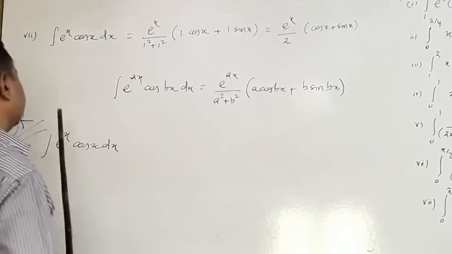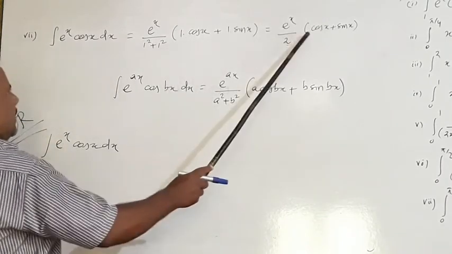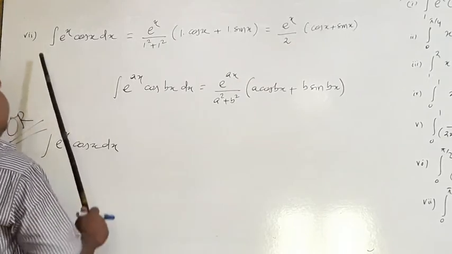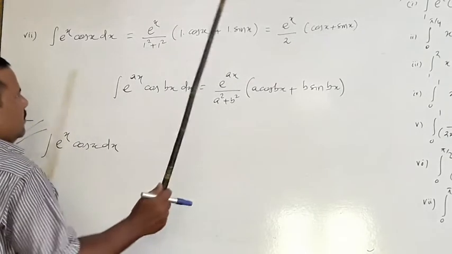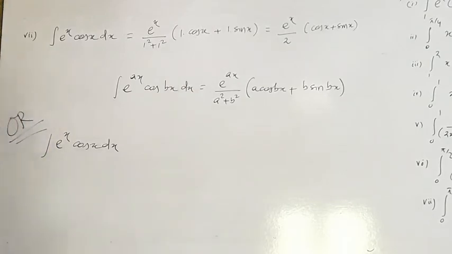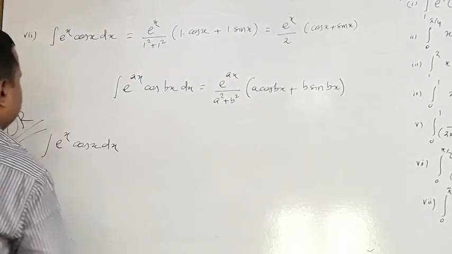By applying this formula, we get this. But if this comes for 3 marks or 4 marks, then you can do it. If it comes for 6 marks or 4 marks, you can also do this problem by this method.